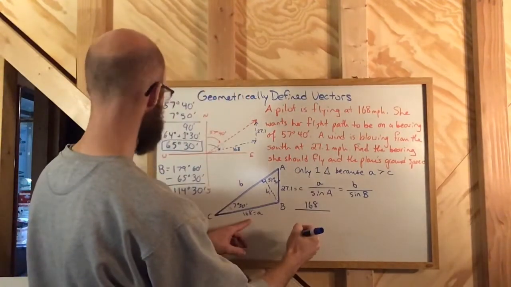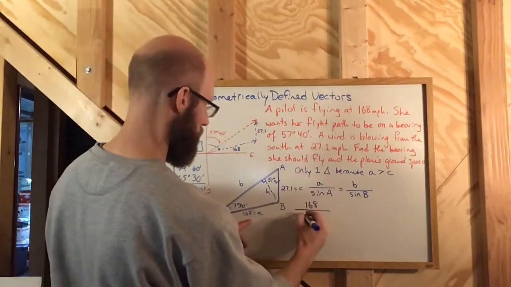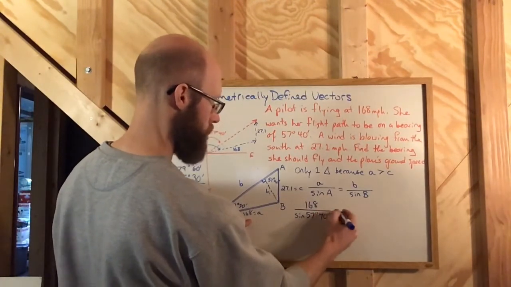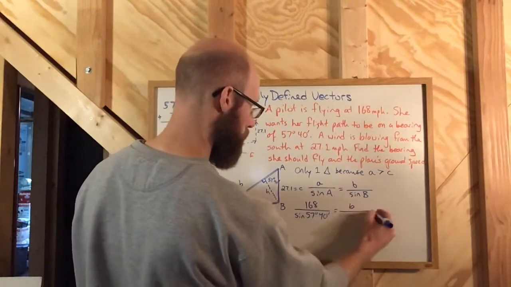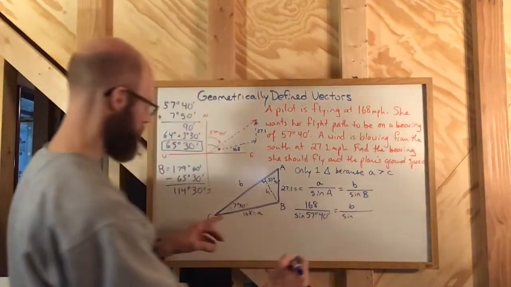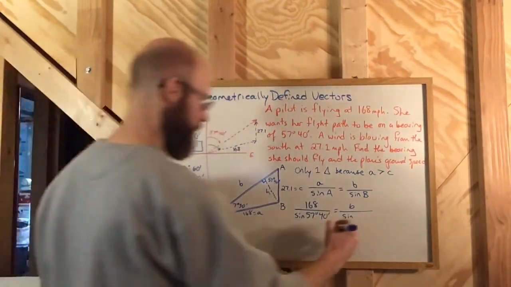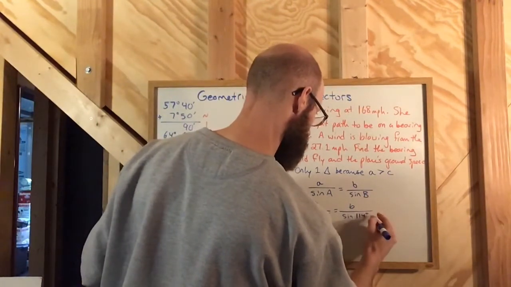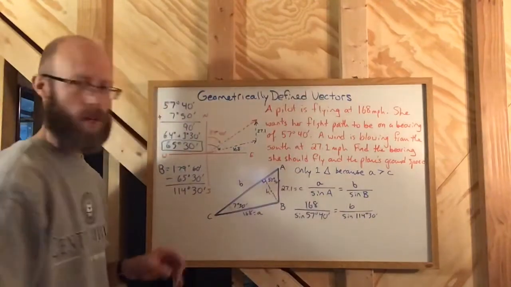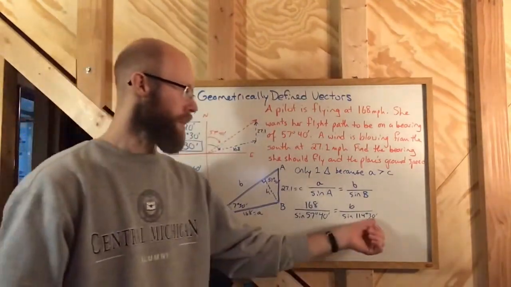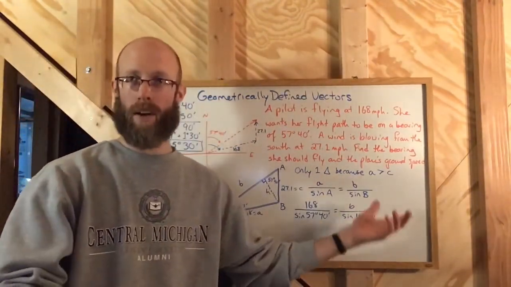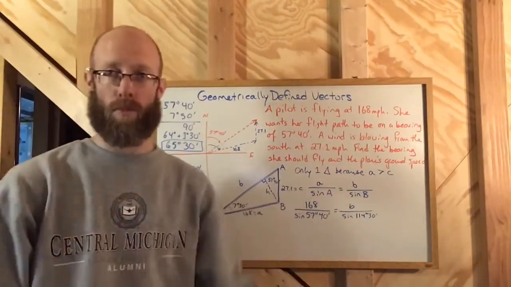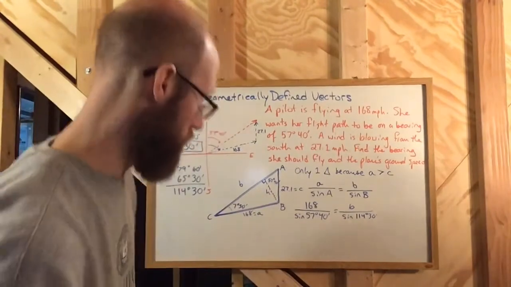Angle A is, so this is sine of 57 degrees 40 minutes equals B, which I don't know, over the sine of angle B, which I do now know, is 114 degrees 30 minutes. Okay, well, I know 30 minutes is half a degree, right? So I could just call that 114.5. It'd be a little bit easier on the calculator.